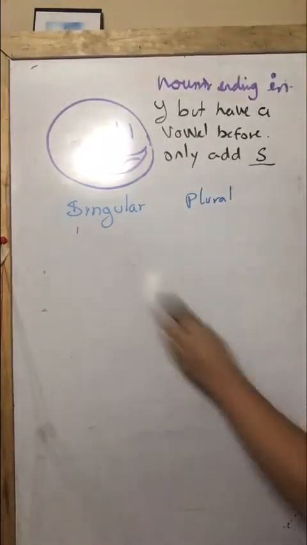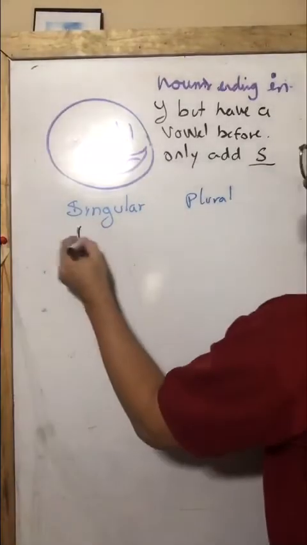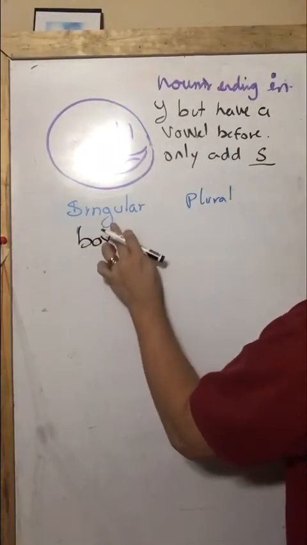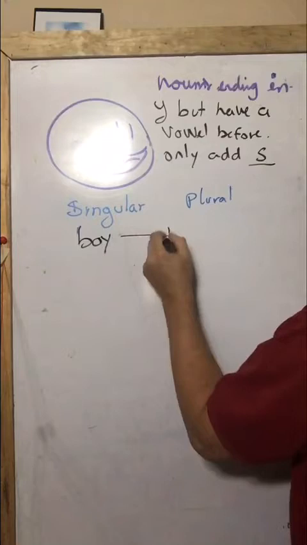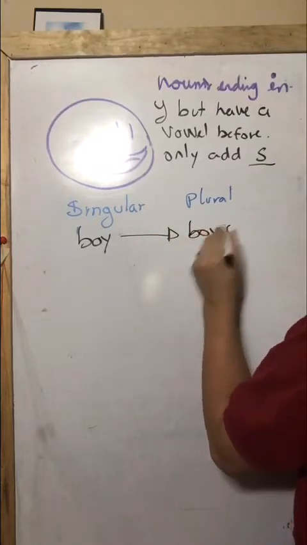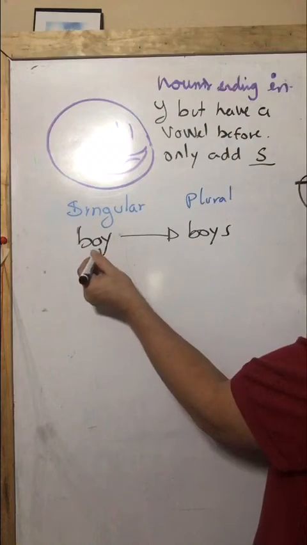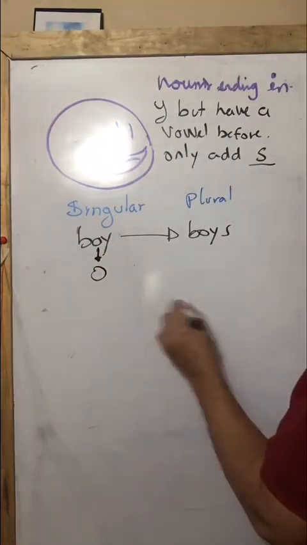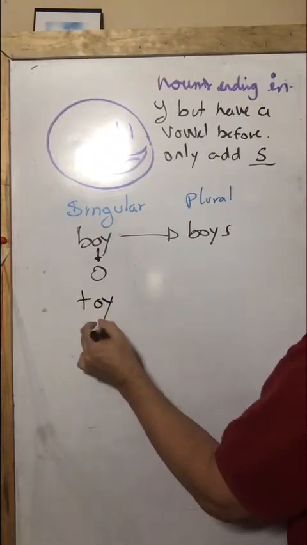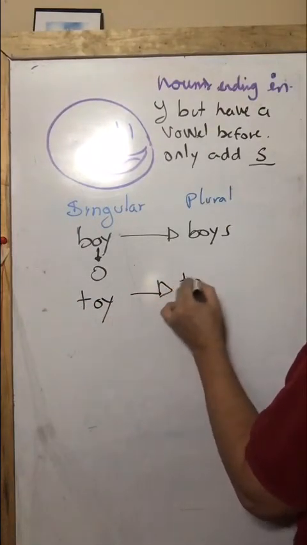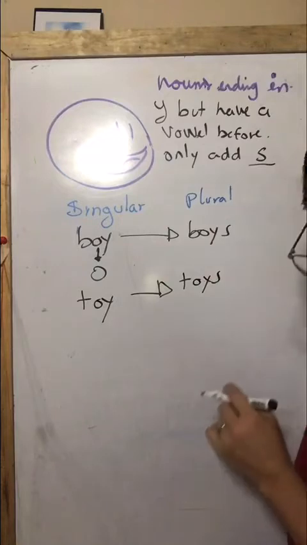We have boy and boys. Why? Because even if it ends with a Y, before the Y we have a vowel, that is the O. Okay? Toy, toys, okay?